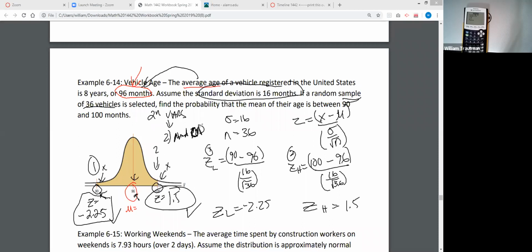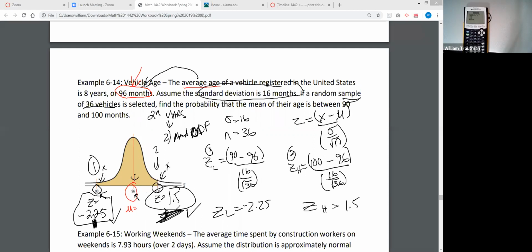Sorry, CDF, number 2. The low, we ended up with negative 2.25. And the higher one, the far right, was 1.5. And this should tell us the area that's shaded in.